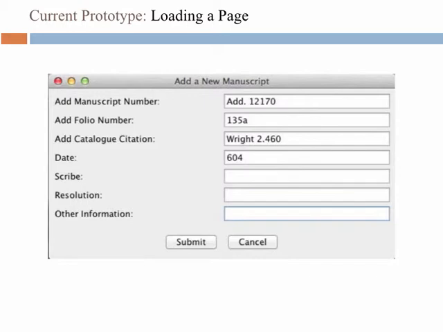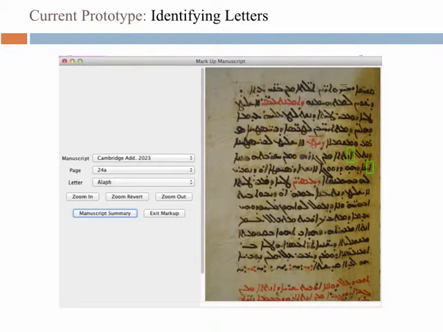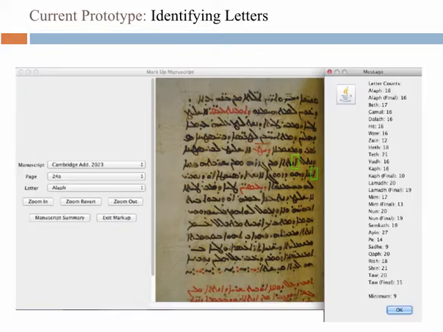A student enters in the metadata and uploads about 10 images of a given manuscript. She then uses a selection box to identify a given letter. After an hour or so, she will have identified about a dozen of each of these letters and then moves on to the next manuscript. Currently our database has a little over 100 manuscripts in it that are fully encoded, and we anticipate a little over 250 by late spring.